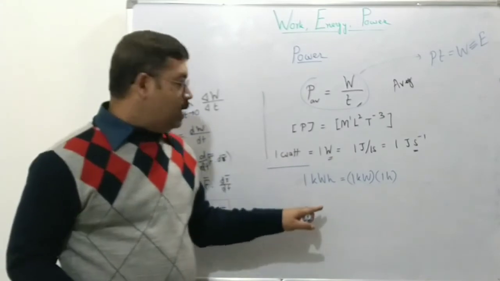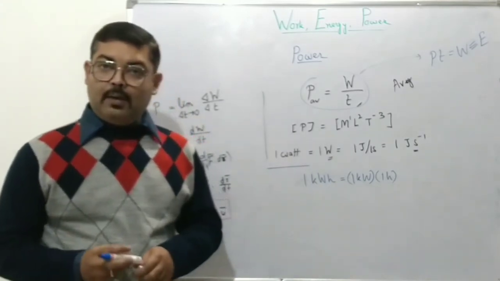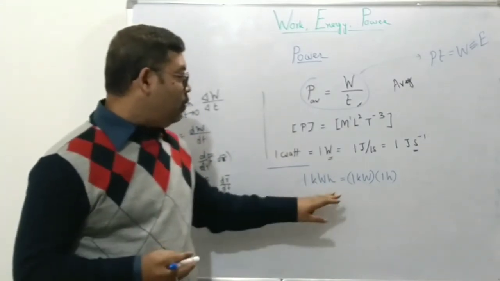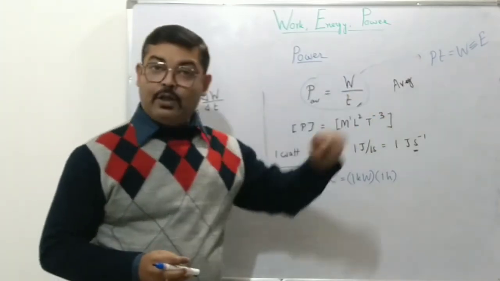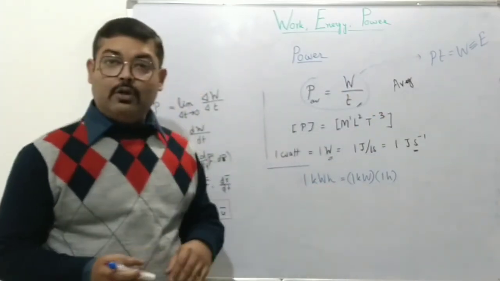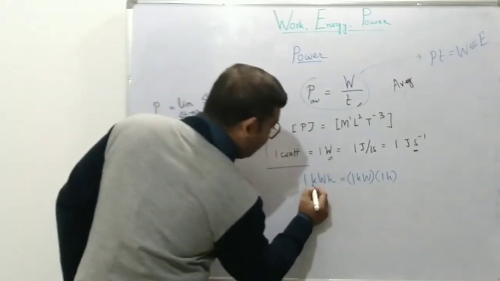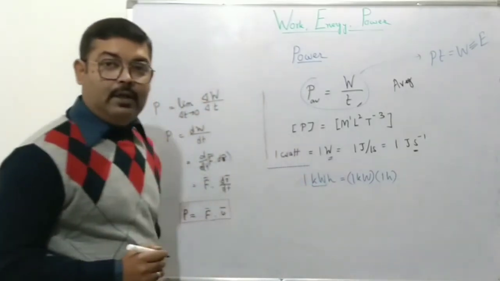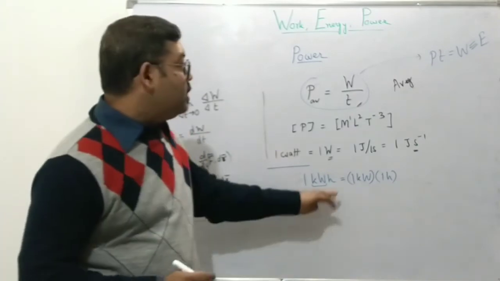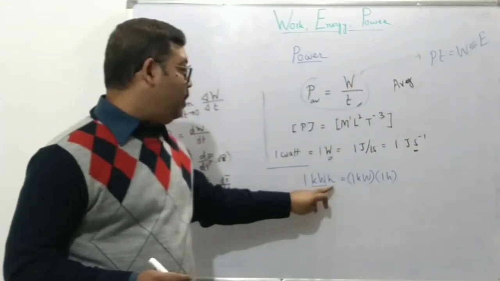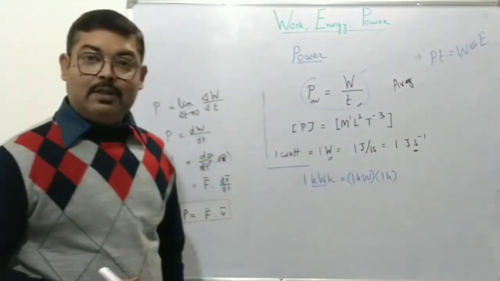So when we say unit of power consumption, what we actually are talking about is the unit of energy consumption. Though it appears as if it's a unit of power because the kilowatt term is there, it's not a unit of power, but a unit of energy because it's power multiplied by time. Now, what is the value of this?